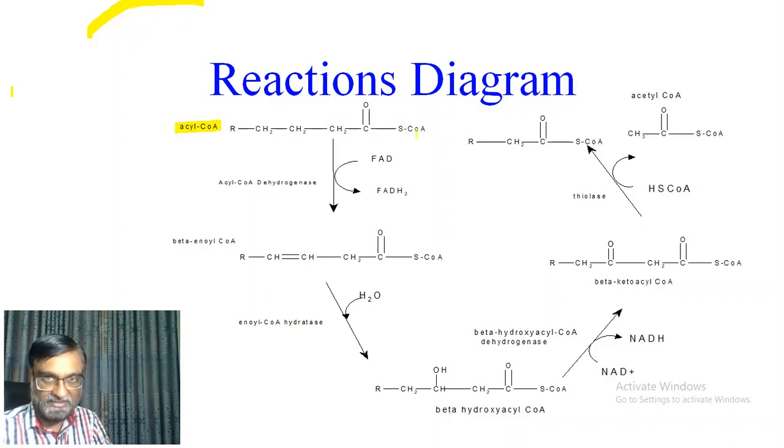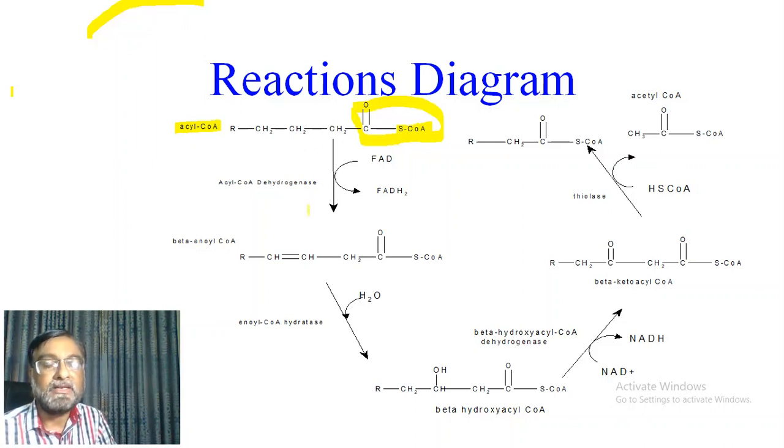This is a fatty acid attached with a coenzyme. COOH and CH2, CH2, CH2, CH3, and the terminal is a CH3, that is the fatty acid. So in place of the COOH, there is an acyl attached, that is CoA is attached to that. So acyl CoA is formed, right?